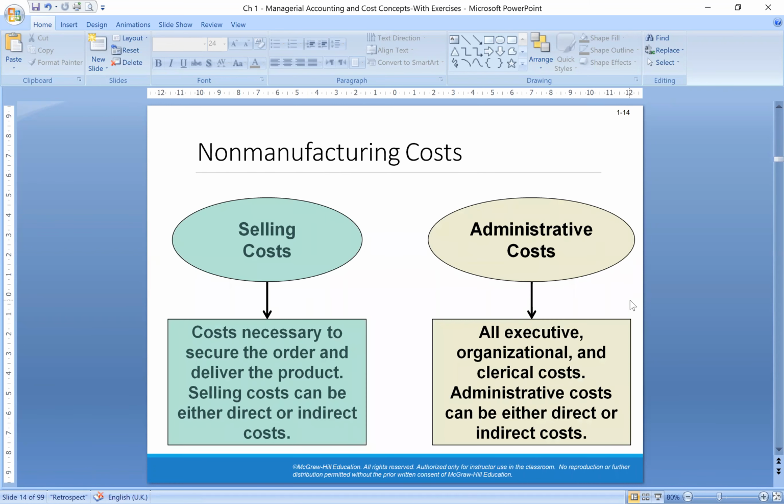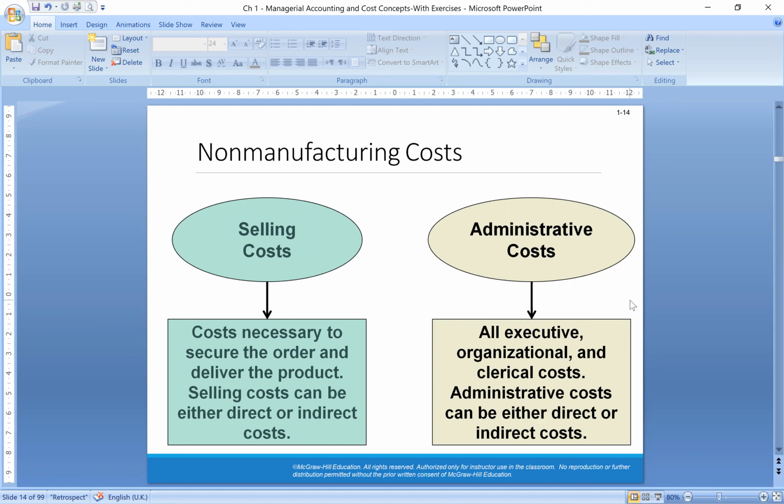It includes all other costs, but not manufacturing, which means all selling expenses and administrative expenses or costs. Selling means the costs necessary to secure the order and deliver the product, and selling expenses can be direct or indirect. But in all cases, it is non-manufacturing, which means it will not be an integral part of the product.